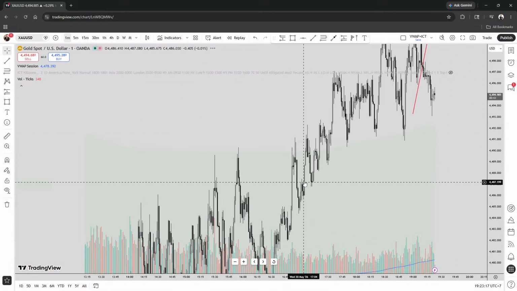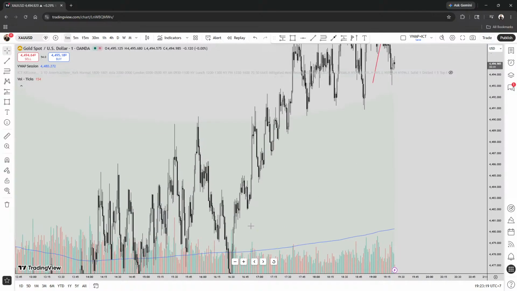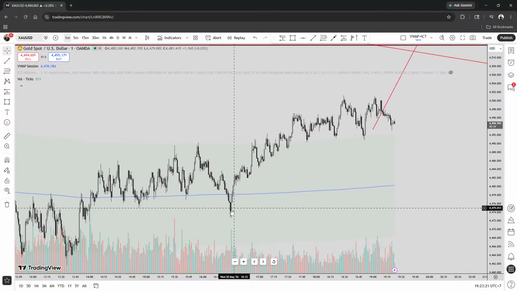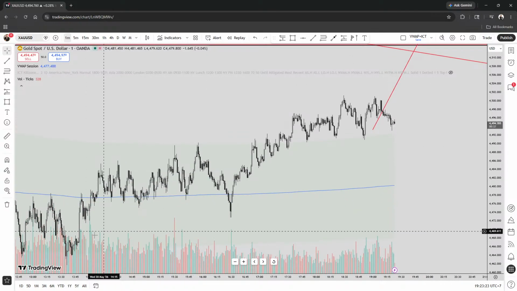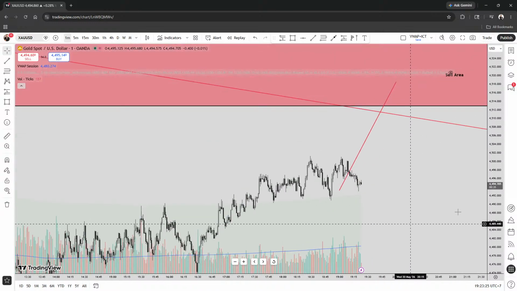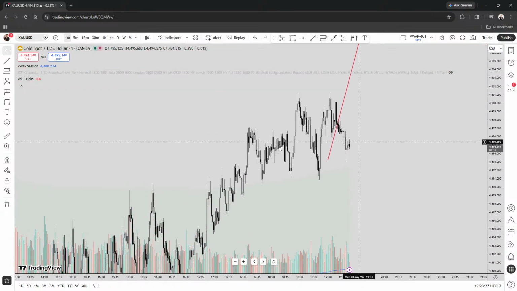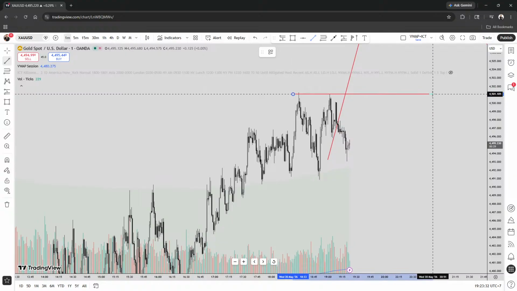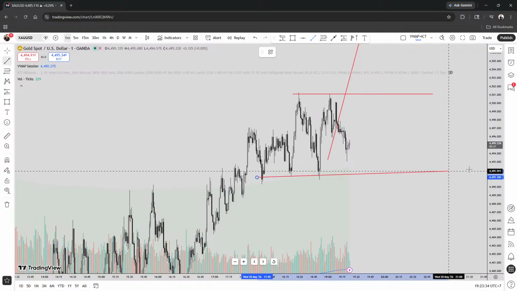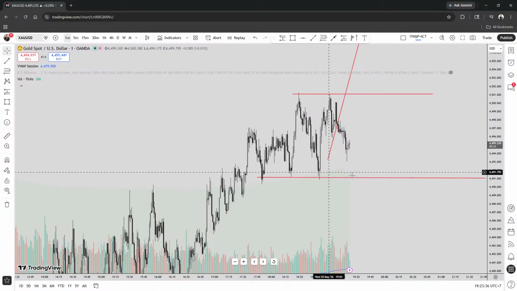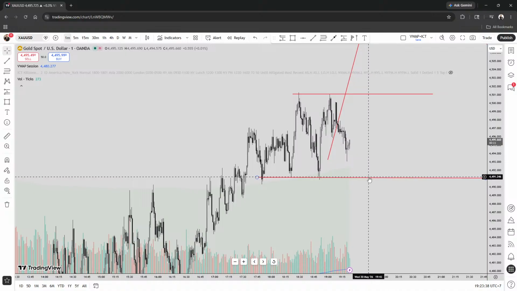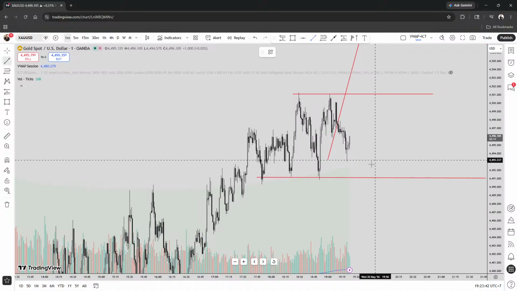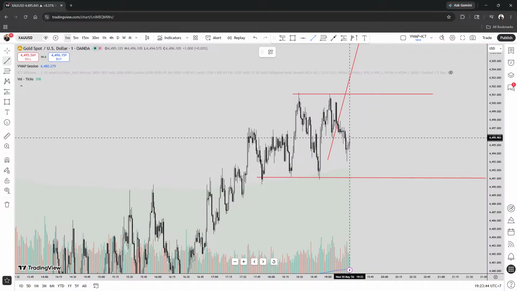Clearly in the 1-minute time frame, the price is moving upwards in an uptrend like this, and the price here is forming a consolidation phase. So I will make this level a support, and we can find the buy area.